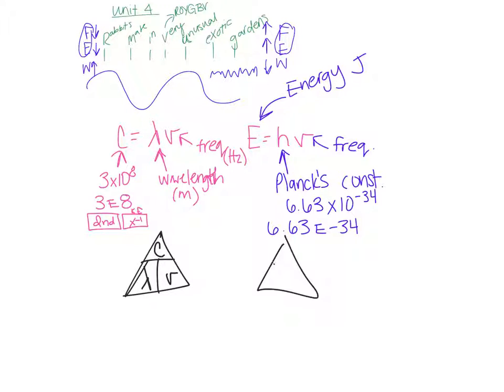Same thing with this guy. You put the E on top, and then you put your h in that one right there. You might have a 2-step question, but know that in your formula chart, you actually have it all combined together, so you don't have to even guess on that one. You don't have to try to figure it out, okay? Just plug and chug and put them in the right spots, okay?